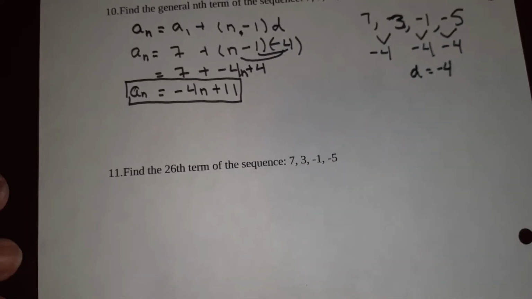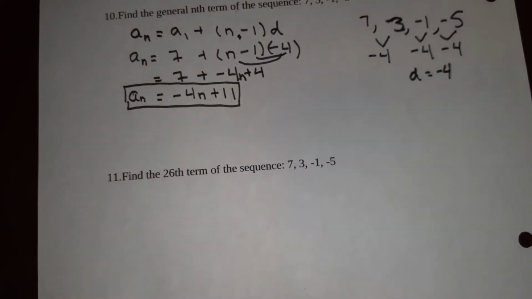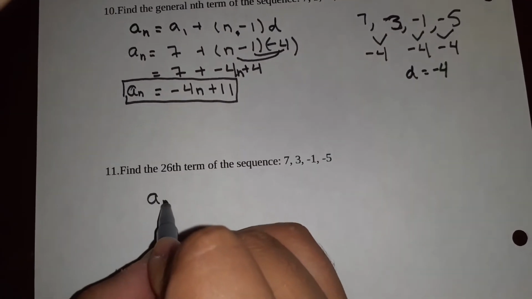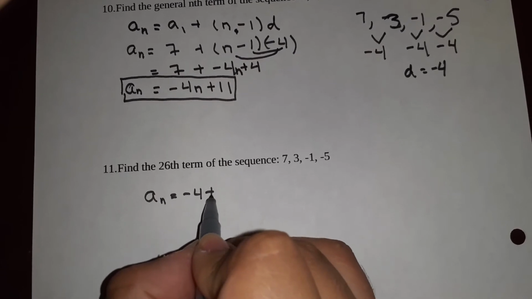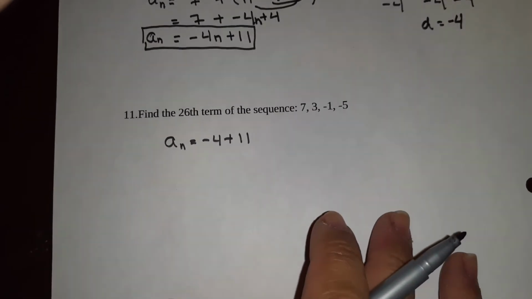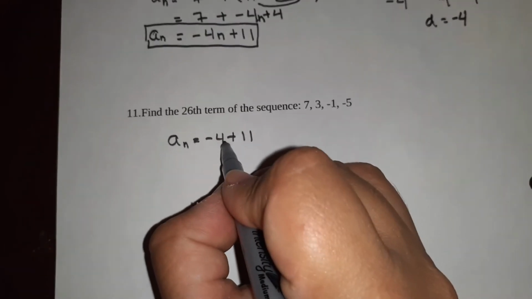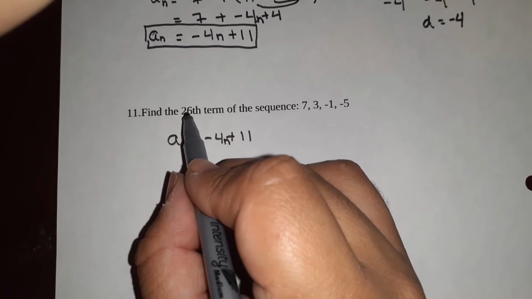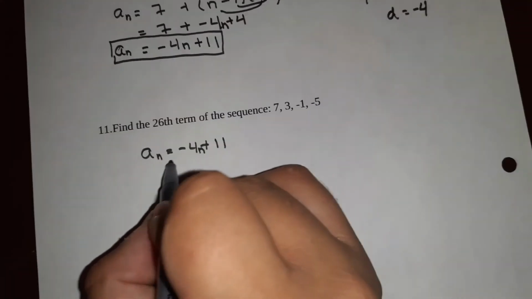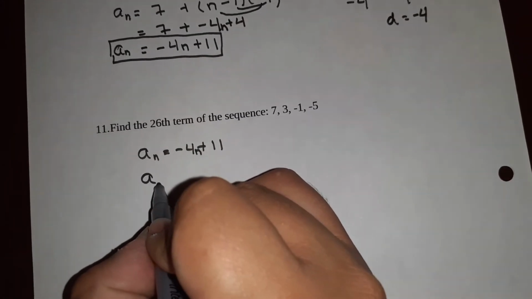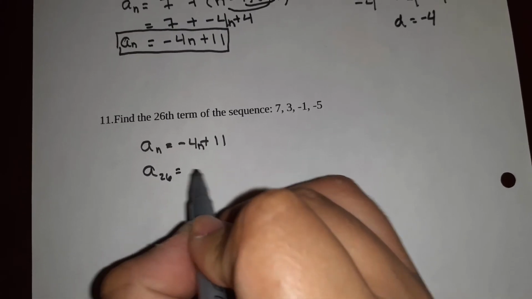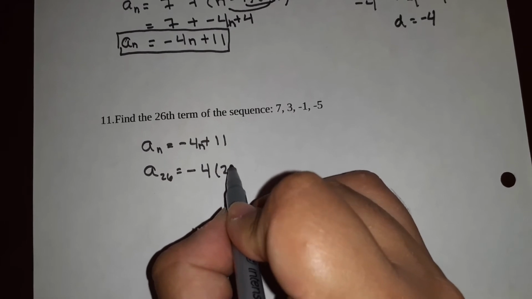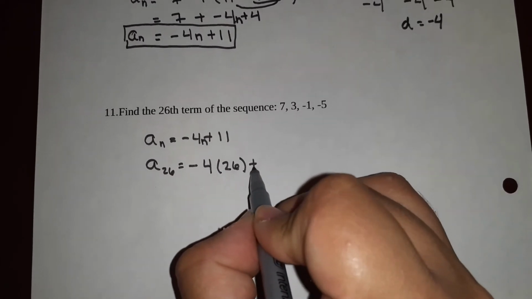So knowing that, now I'm going to find what my 26th term would be. So if I have a sub n equals negative 4n plus 11, all I have to do, oh, I keep missing this n, poor little guy. Okay, all I have to do is substitute my 26 in for n. So I'm going to find a sub 26, which will give me negative 4 times my n, which is 26, plus 11.